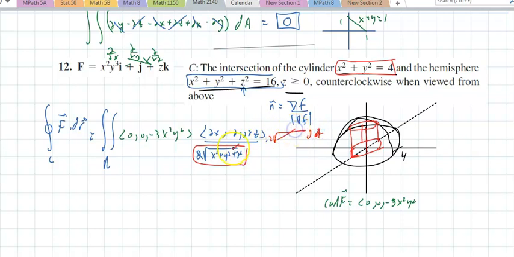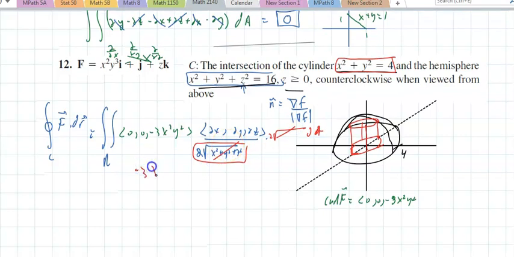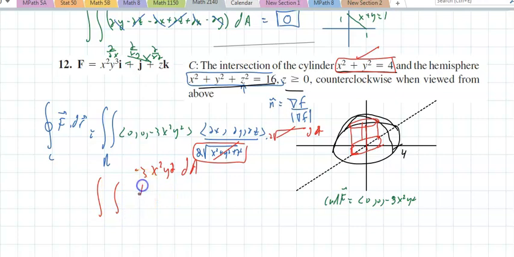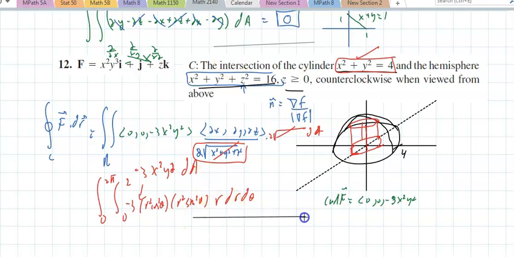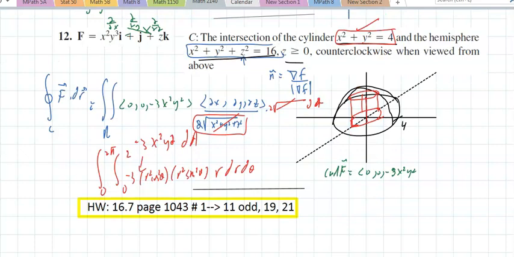And those undo each other, and you are left with simply negative 3x squared y squared dA, in which A is this area. And you could do that appropriately by converting to polar, r and theta, theta from 0 to 2 pi, r from 0 to 2, negative 3 r squared cosine squared theta, and r squared sine squared theta. And there it is. And there's the homework for this section.